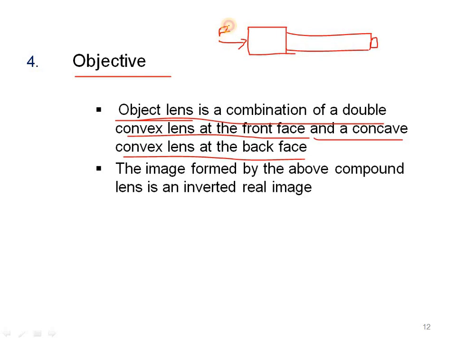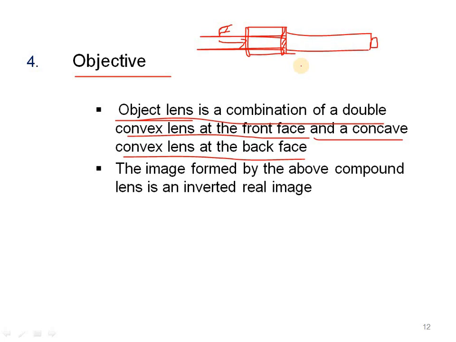I am writing it as F. So here a double convex lens will be provided and a concave convex lens at the back face. That means here at the back face you can see a lens will be provided. So concave and convex, we know the differences of concave and convex.